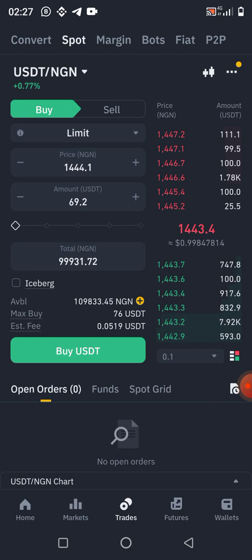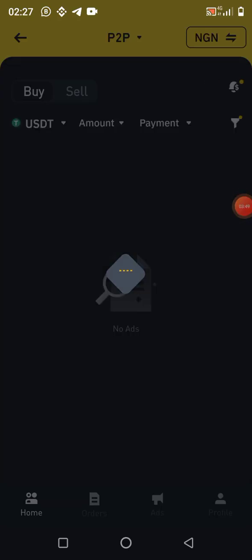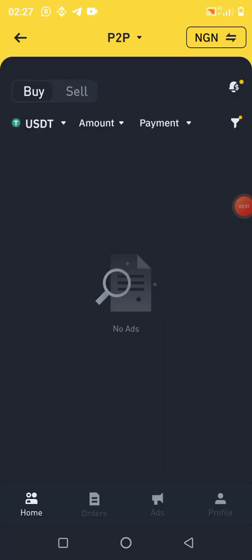Now when USDT goes up against Naira, I come to P2P to sell. So that's what we do. You can also sell at the spot trade, but you get more gain when you sell on P2P.